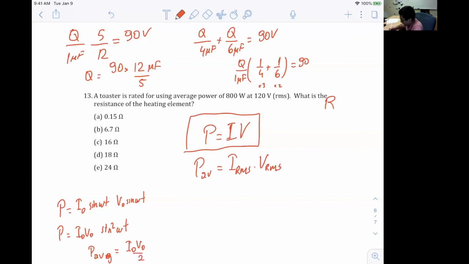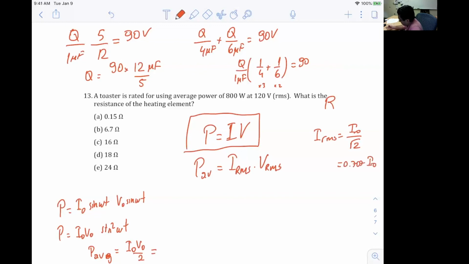Okay, and if you remember I naught in terms of IRMS, IRMS is I naught divided by square root of 2, or 0.707 I naught.